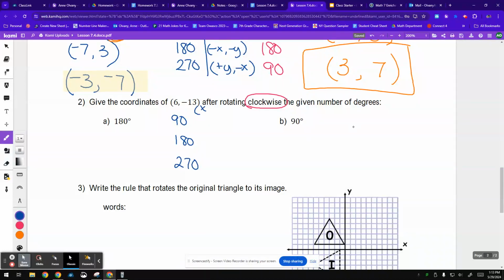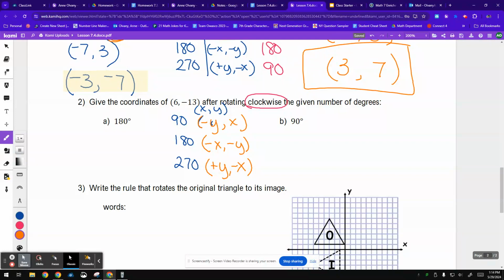Start with XY. Flip, negate the first. Isn't there a new rule because we're going clockwise? I'm going to get to that. Flip, negate the first. Flip, negate the first.